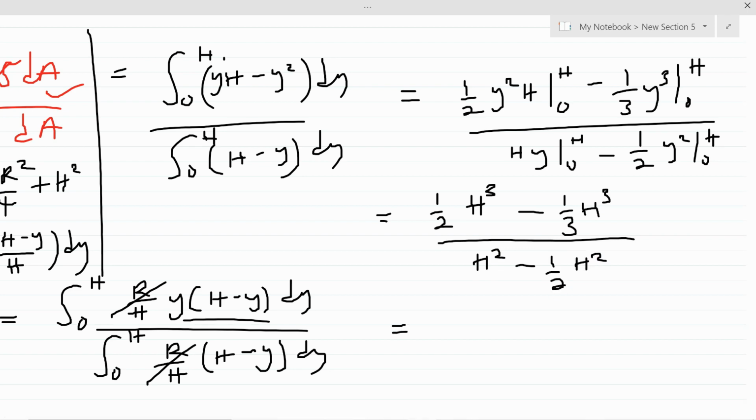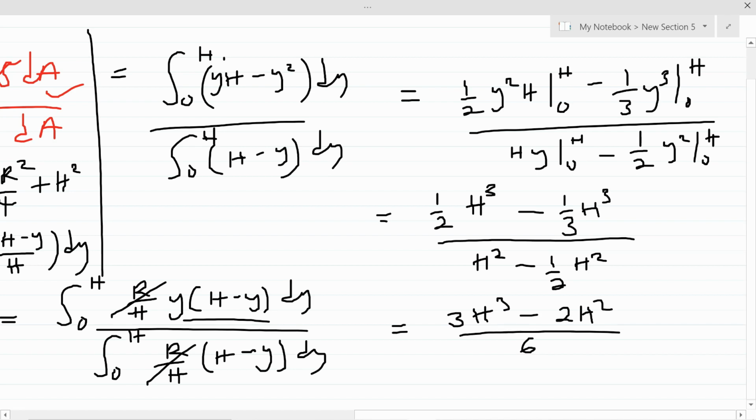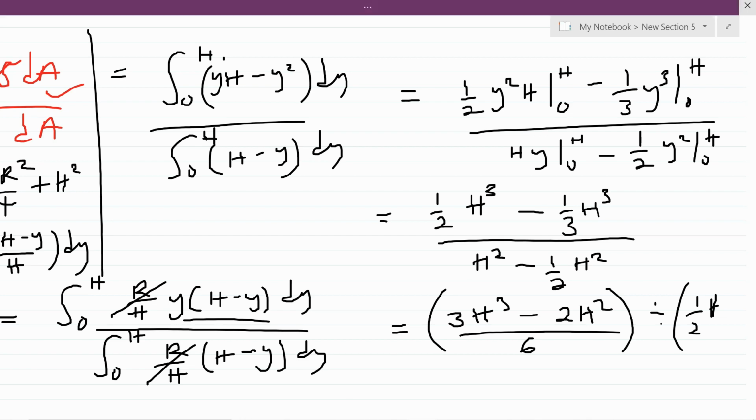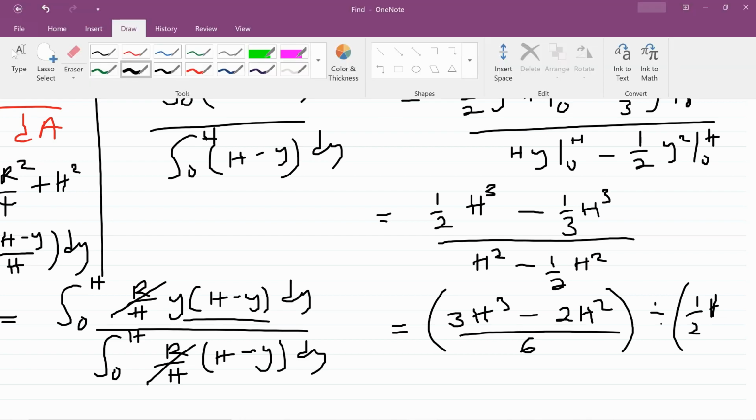Now half h cubed minus 1/3 h cubed is the same as 3h cubed minus 2h cubed, the top one, all over 2 times 3, which is 6. That is the numerator, divided by the denominator, h squared minus half h squared, means 1 minus half, which will give me half h squared. Let me write it well for you.